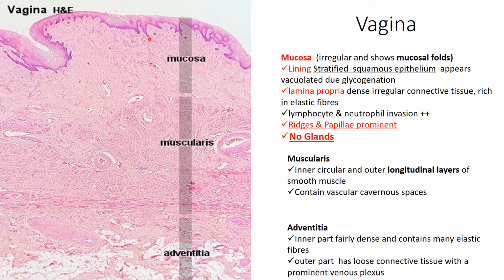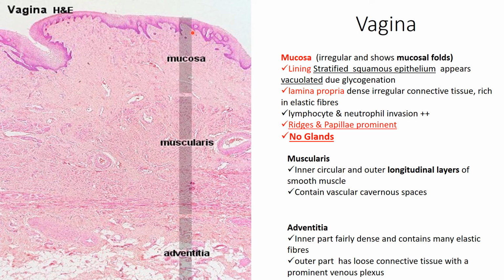So this interlinking of the lining epithelium and connective tissue provides the strength. And one more thing which is clearly evident here: there are no glands. This vaginal portion has no glands.